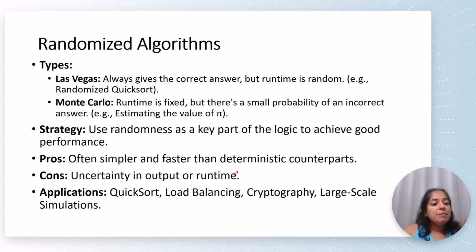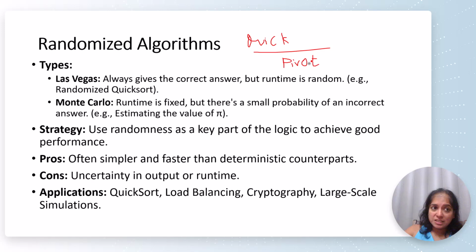Then, randomized algorithms. If you all remember, in quicksort we have done that we choose a pivot element. The pivot element can be the first element, the last element, the median element, or it can be any random element, right?